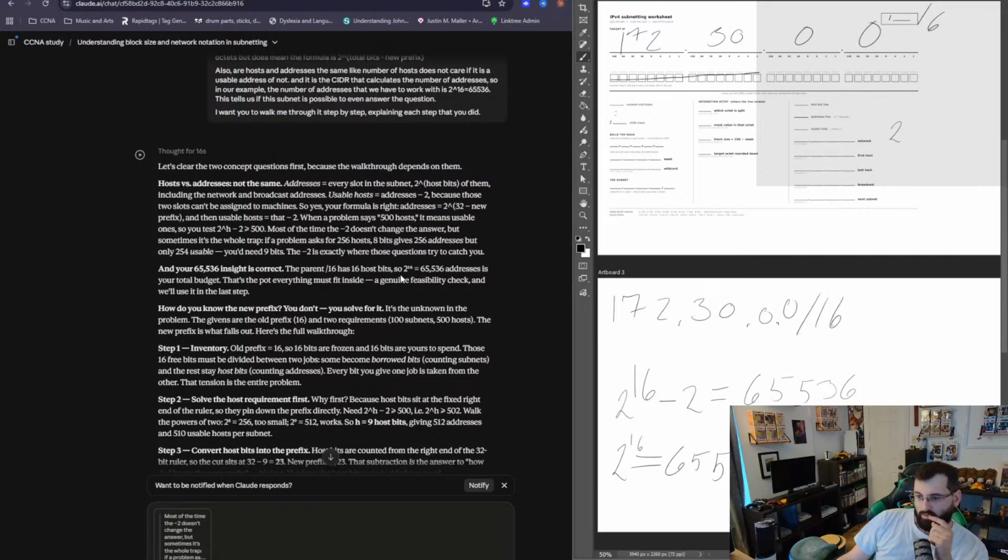So 2 to the power of 16 addresses is your total budget. So are host bits and addresses are addresses? Is that what it is? That's the part everything must fit inside.